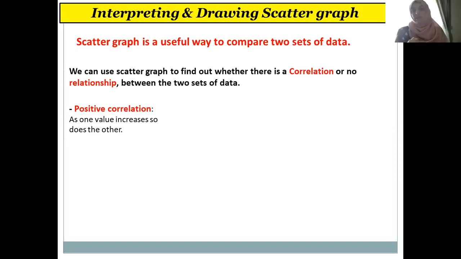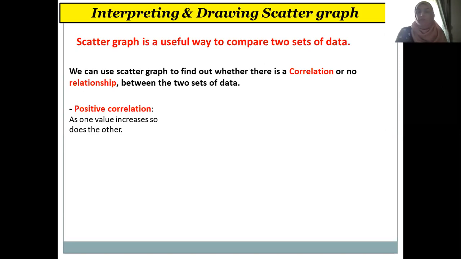As less distance you travel, less fuel will be consumed. So there is a positive correlation between the two kinds of information. As the distance you travel increases, the amount of fuel will also increase. As one increases, the second increases. This is what we call a positive correlation.